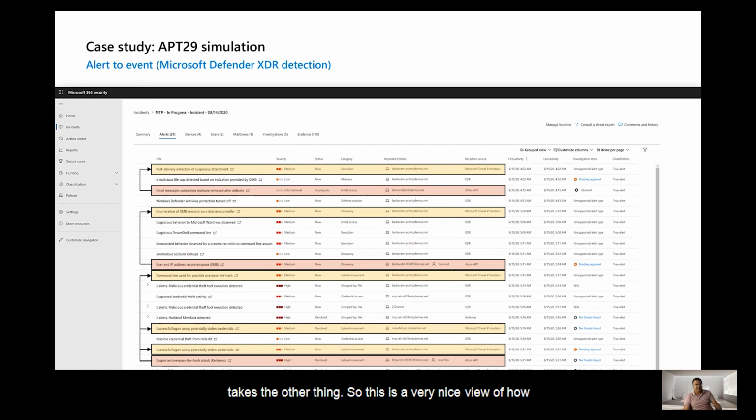So this is a very nice view of how a complex multi-stage attack can be stitched together in a single story. And that is the big difference which XDR tries to make, reducing the overall job at the security operations level.